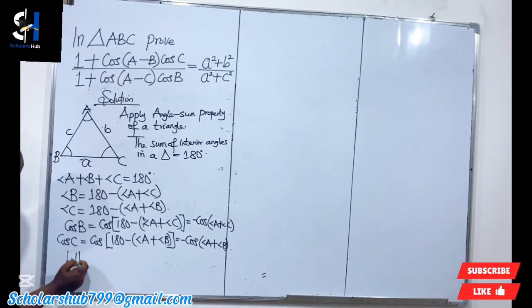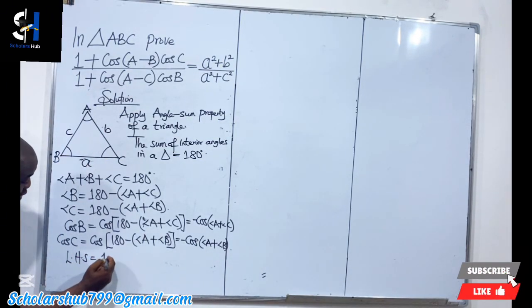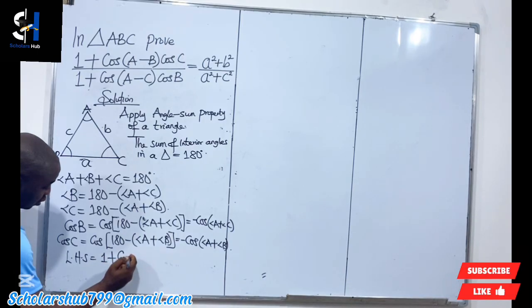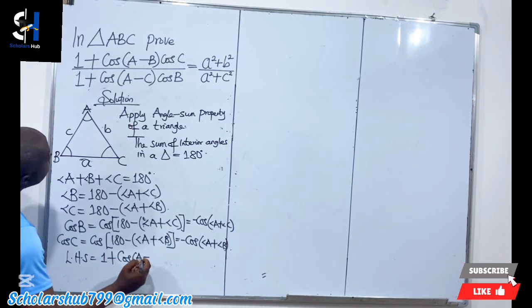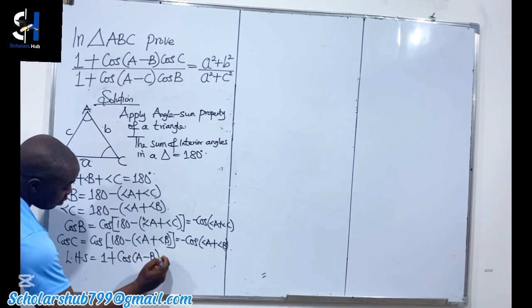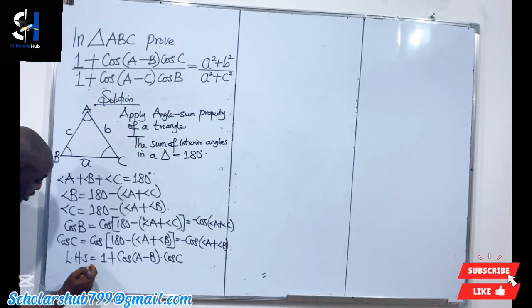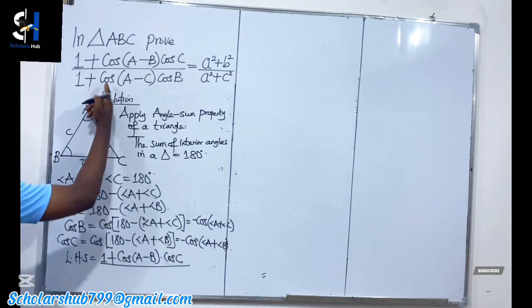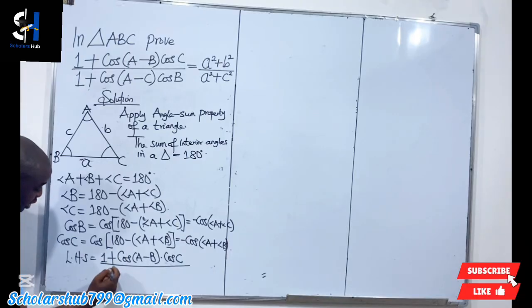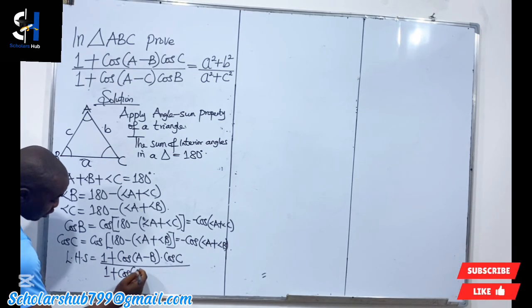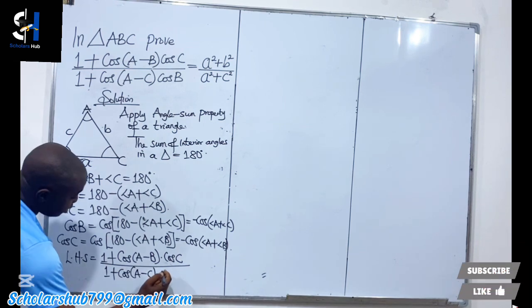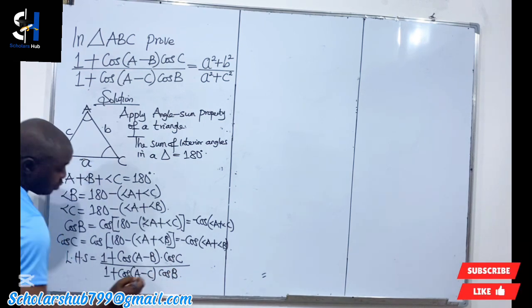So we know that the left hand side is given to be (1 plus cos(A minus B)) multiplied by cosC, and this is the right hand side: divided by (1 plus cos(A minus C)), then cosB.